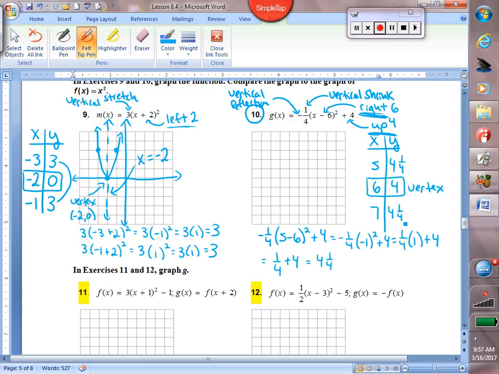So now when I go to draw my graph, I have to be able to fit 5, 6, and 7 on. If I don't have to change my scale, that usually makes things a little easier. If you always want to draw your graph the same and change the scale, you can. Since I have to fit 5, 6, and 7, I'm just going to scoot my graph over to the left.